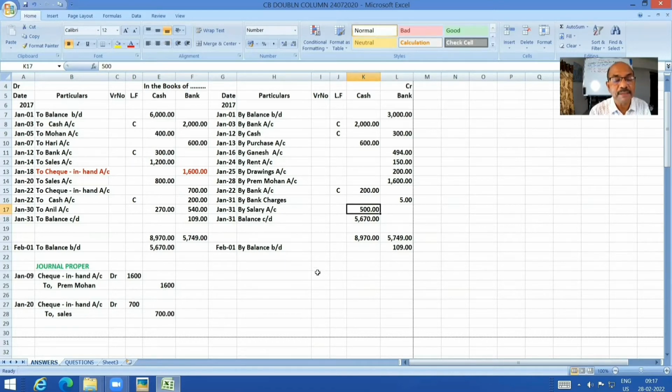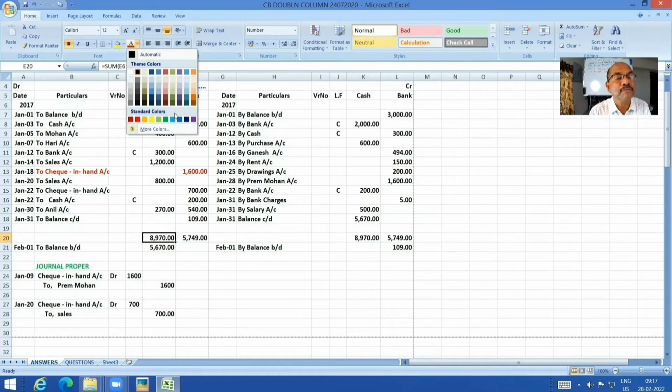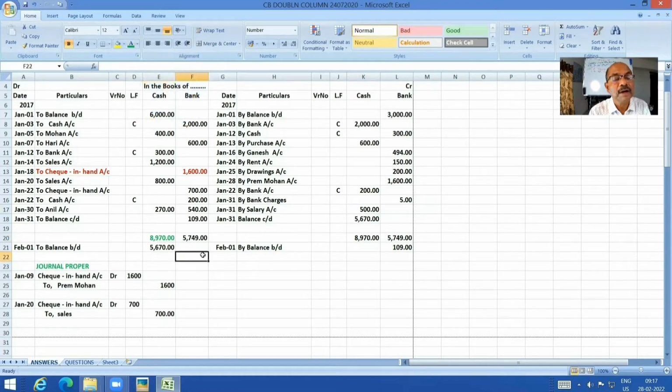So balancing. How to balance? Confidently cash, in the debit side, I find 8970. And I will carefully explain, as far as bank is concerned, which side is more. Well, I find that this credit side is more.